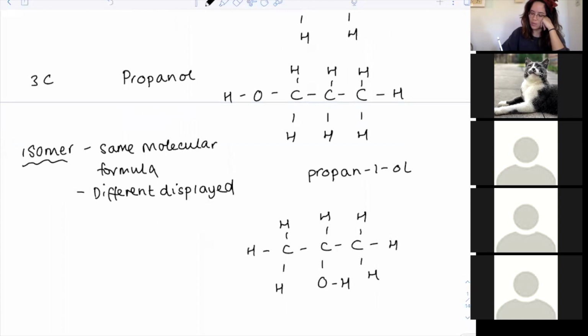So what's the name of this isomer? Well, it's propan-2-ol. So be aware that 2 isomers exist for propanol, both propan-1-ol and propan-2-ol. Remember, I can't add the OH to the third carbon and call it propan-3-ol because effectively you're back to propan-1-ol again.